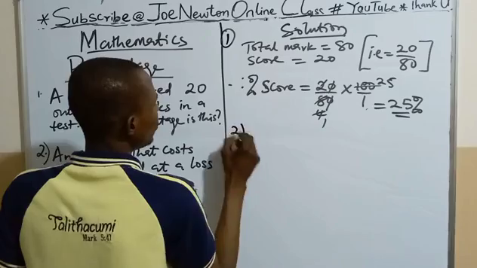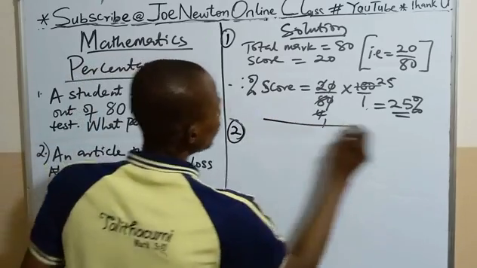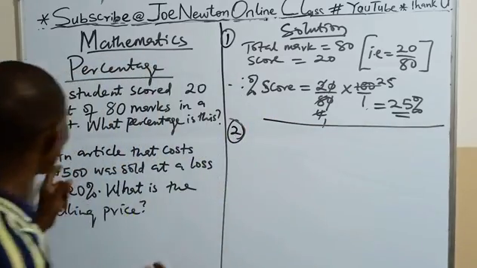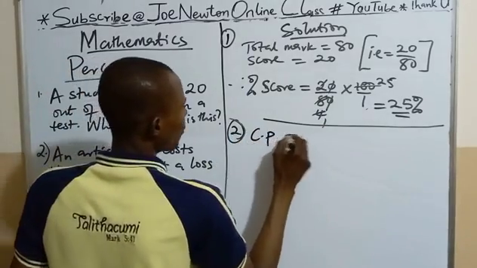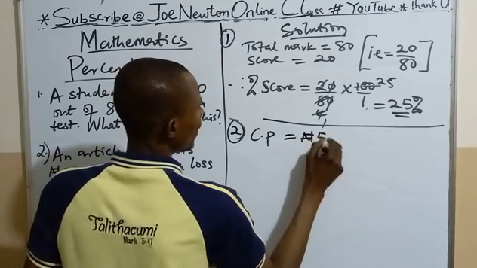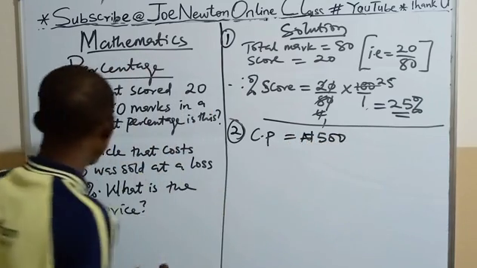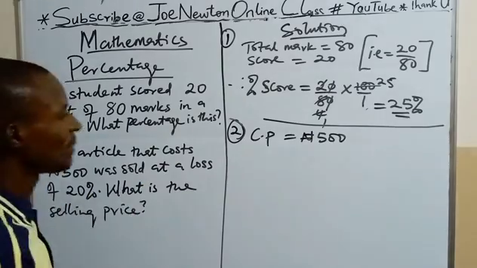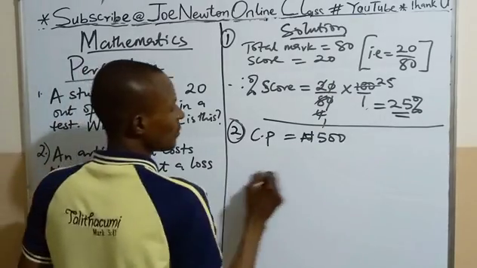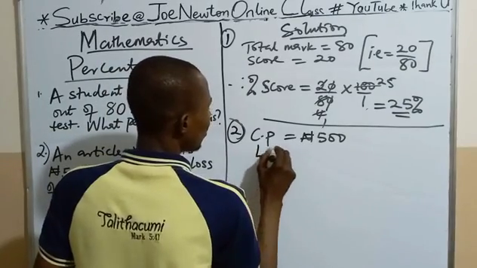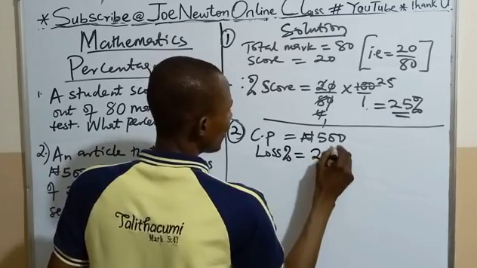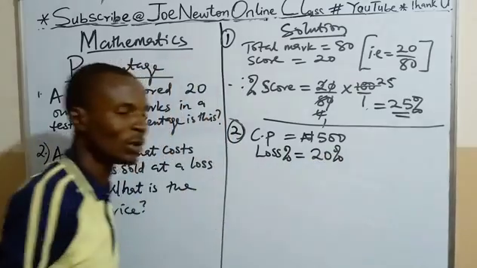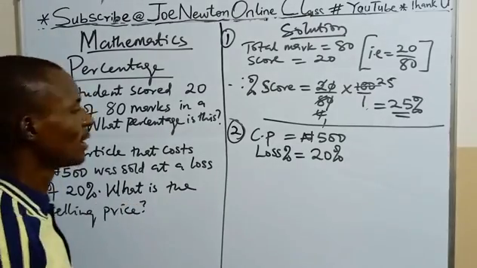Then for number 2, it said that an article has a cost price of 500 naira, then was sold at a loss of 20%. The loss percentage was 20%, not the actual loss itself. Then what is the selling price?